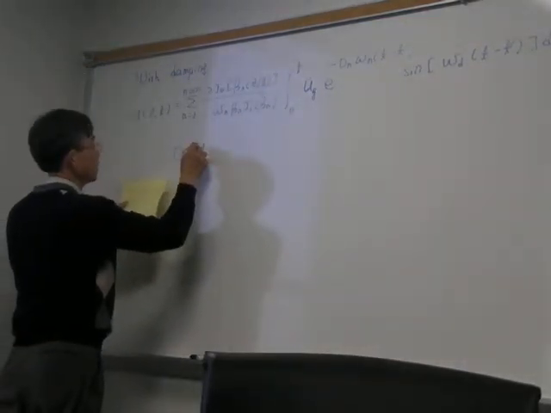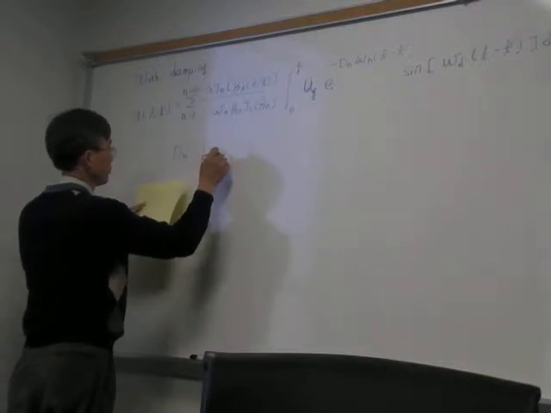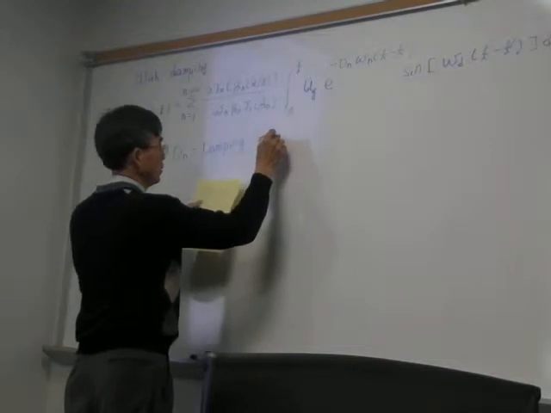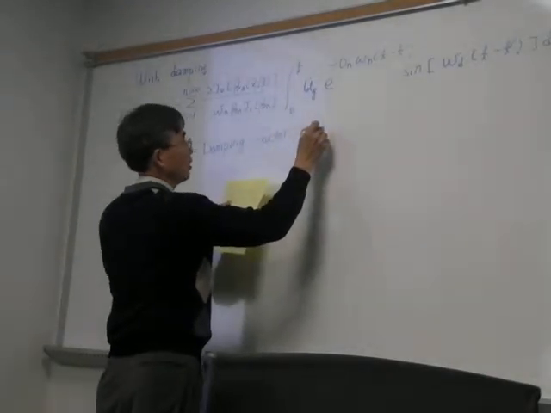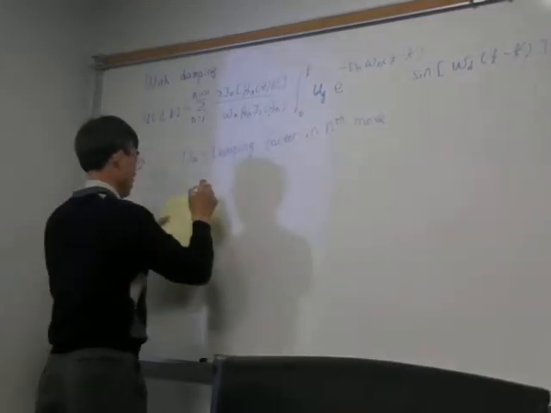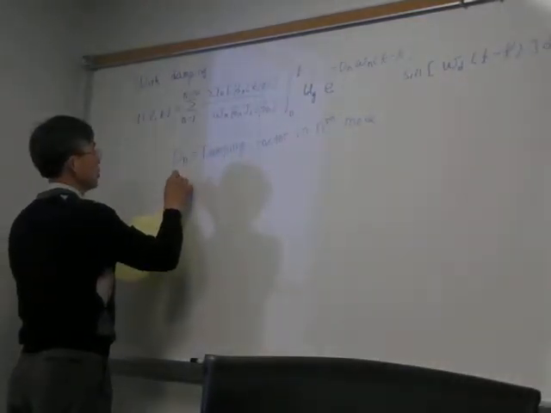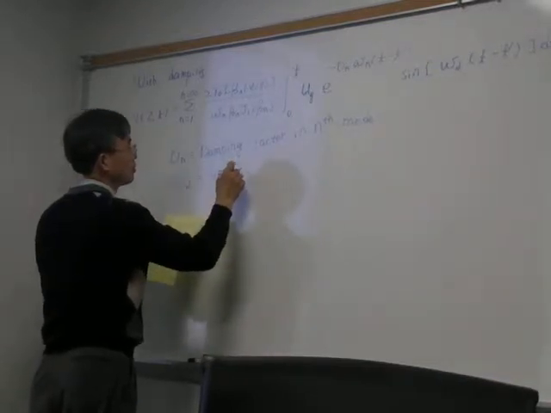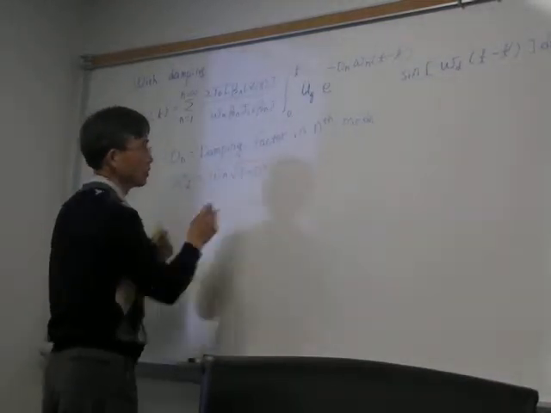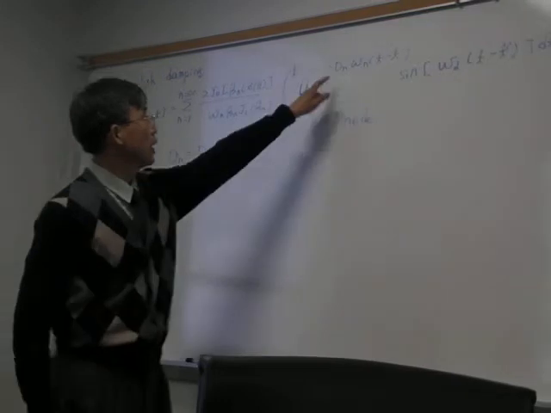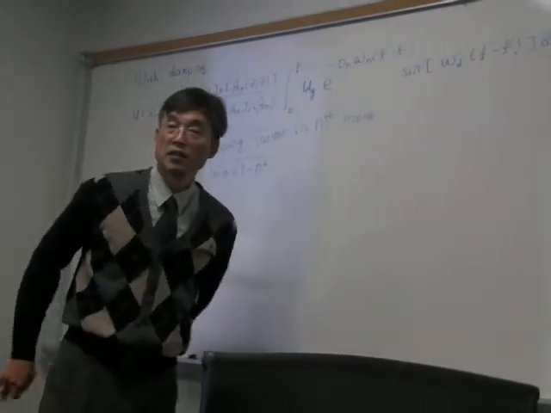Dn is the damping factor and small. Omega d should be omega n times the square root of 1 minus d squared. What is that e raised to? Is that Dn? Dn times omega n.